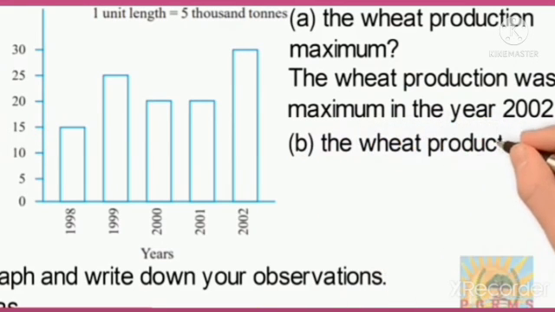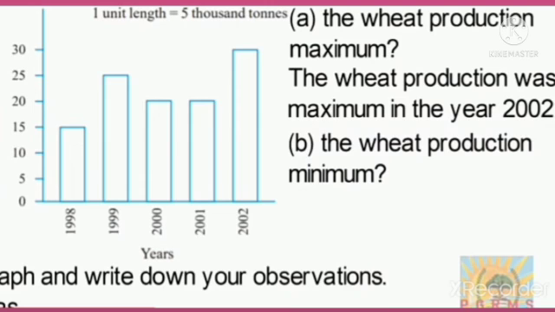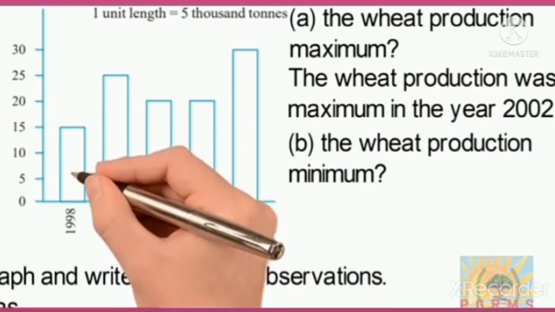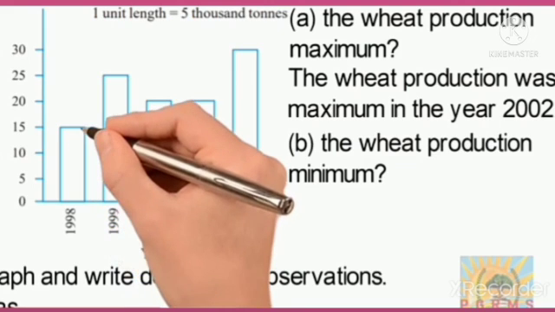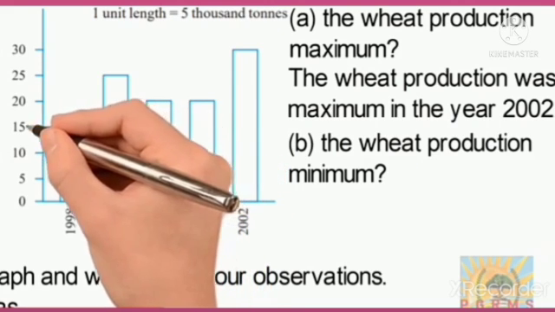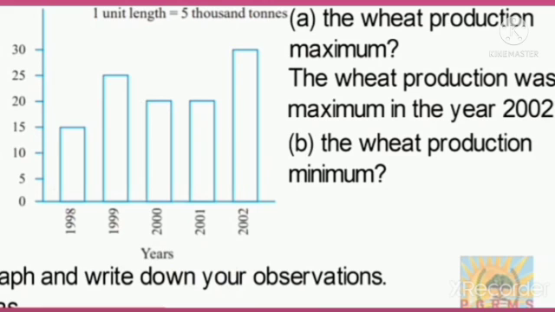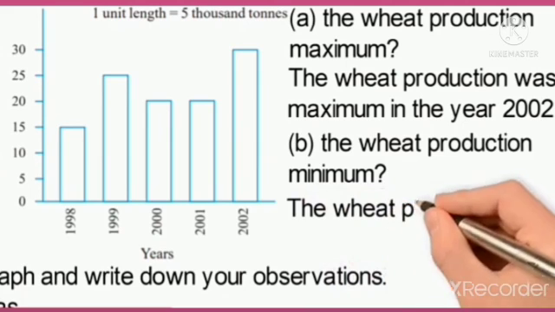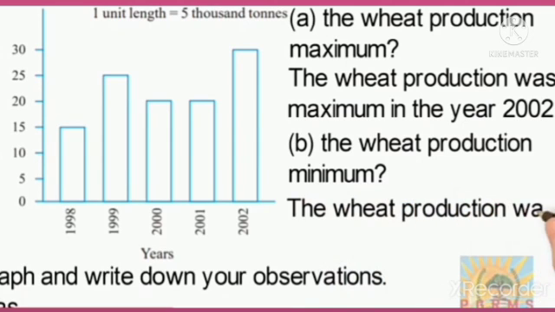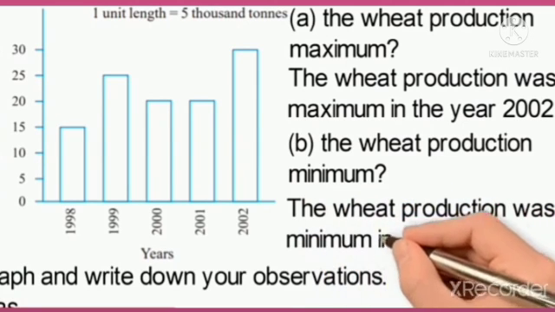Now next question, in which year was the wheat production minimum? By seeing this graph we will observe in 1998 wheat purchase was 15,000. So we will write the answer as, the wheat production was minimum in the year 1998.